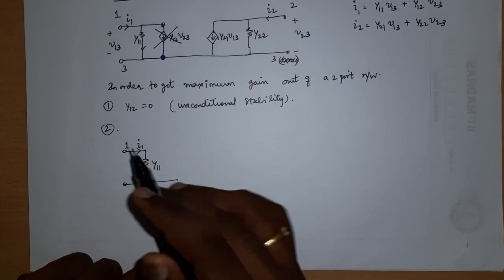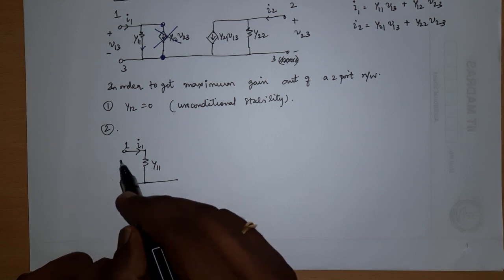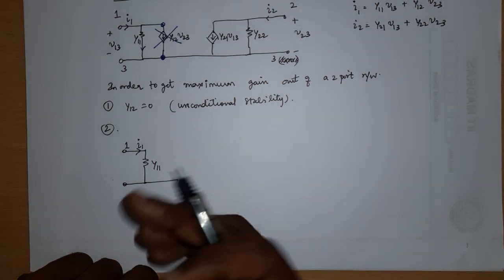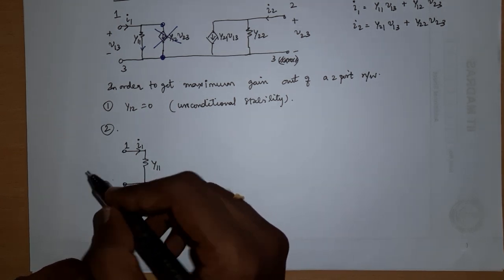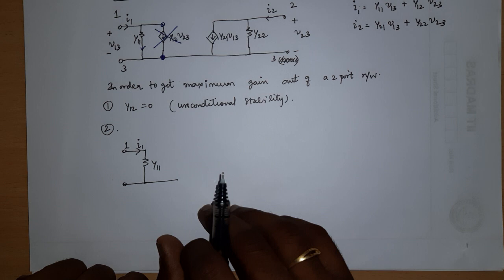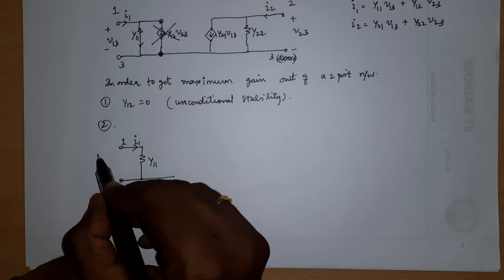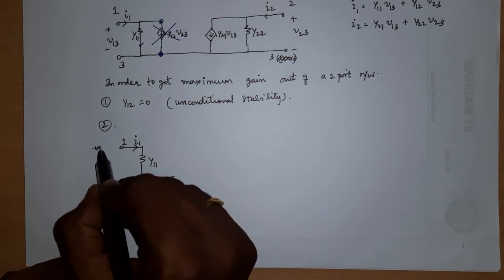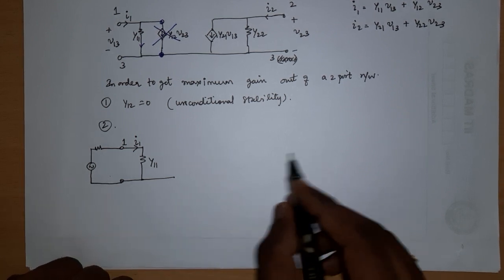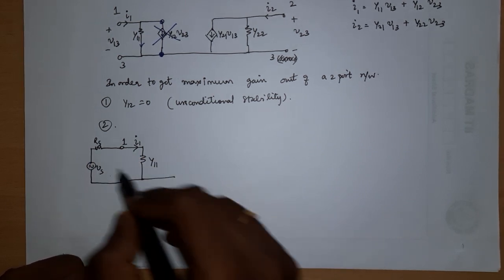What I would additionally add, at the input of the two port, I would give my input voice signal or some kind of speech signal, whatever, which can be represented, whatever input I am going to give at the first port, the input port, by its own Thevenin equivalent or the Norton equivalent, right. So I am going to represent it in terms of its own Thevenin equivalent, which is some V Thevenin and some R Thevenin.